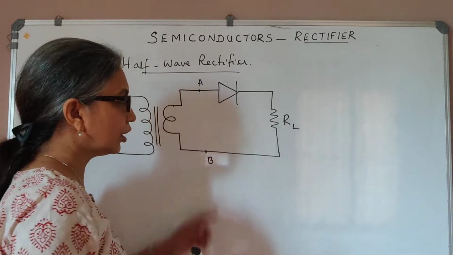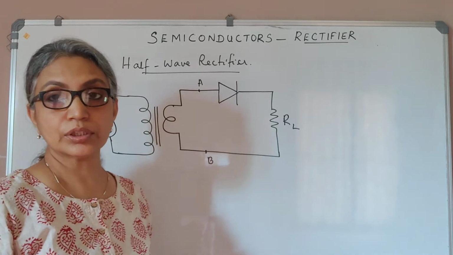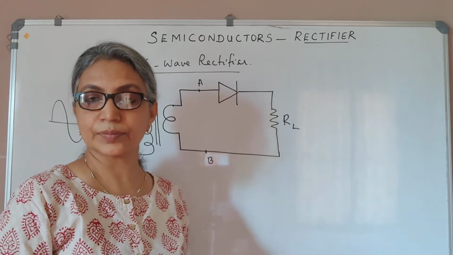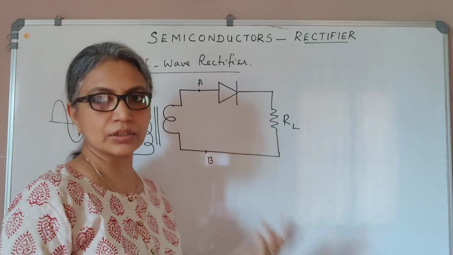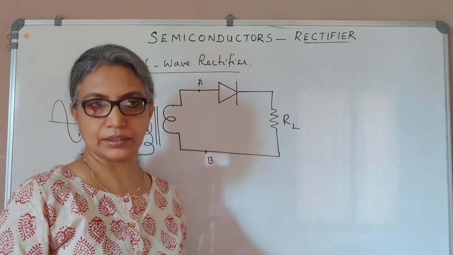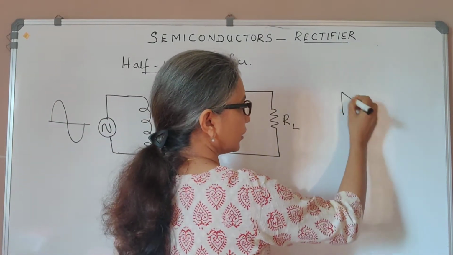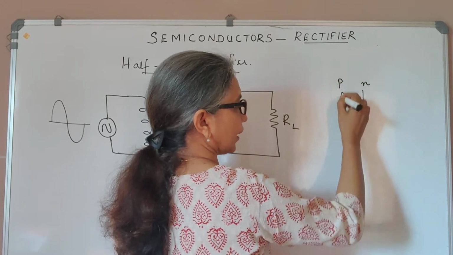Now, in order to understand the working of this rectifier circuit, you need to go back to a previous video on forward biasing and reverse biasing of a semiconductor diode, because this rectifier works on biasing. I hope you remember that this is the N type and this is the P type.